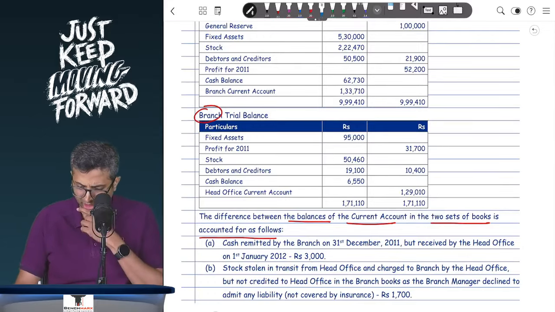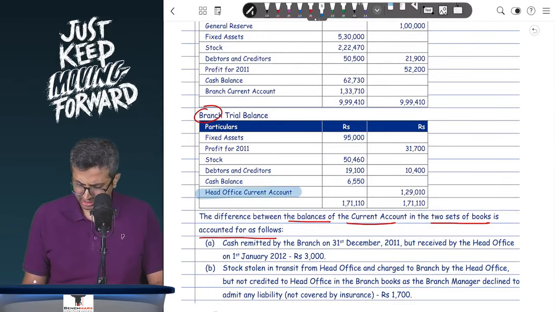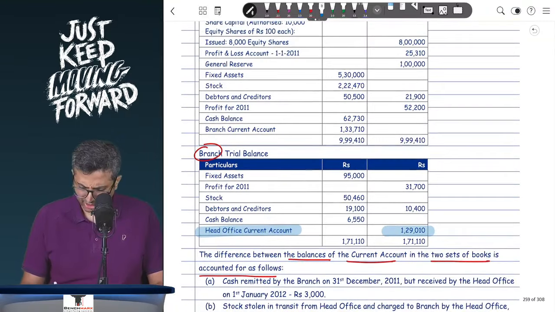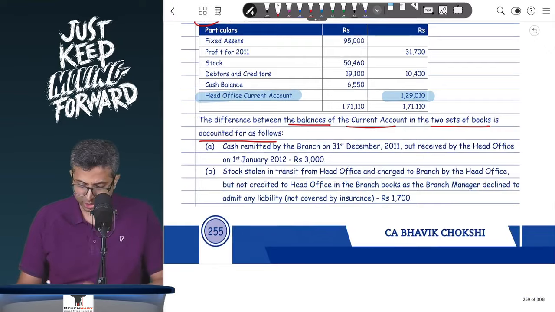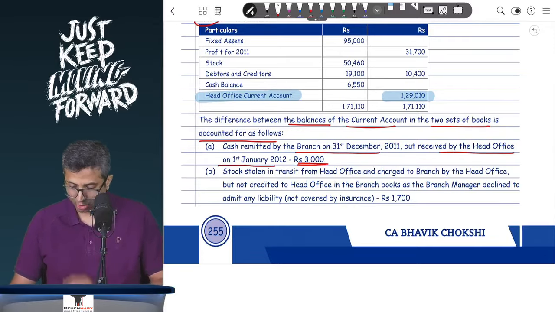So if you look at the balances, 129,010 and 133,710, these are different balances. First, cash remitted by the branch on 31st December but received by the head office on 1st January. This is 3,000. So this is remitted by the branch, not yet received by the head office.